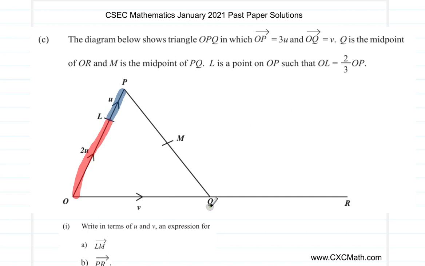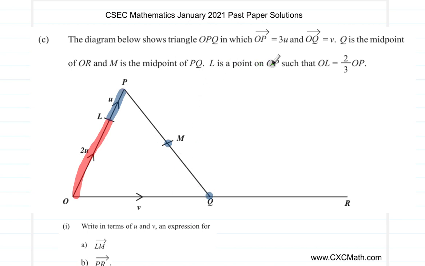Q is the midpoint of OR. So Q is halfway between O and R. And M is the midpoint of PQ, right here. Halfway between P and Q. Alright.